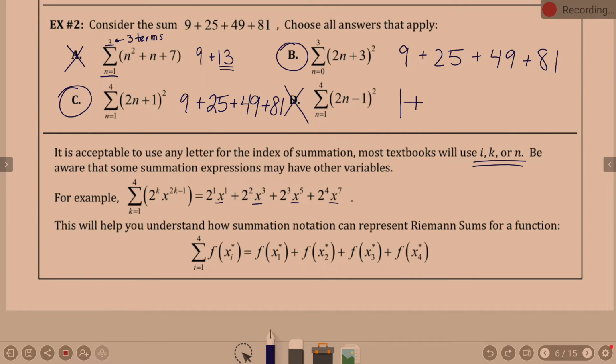Again, that's more the notation. The idea there is that they use x star, but that could be any arbitrary value on the provided interval. Again, be familiar with the notation here. Okay, example 3.